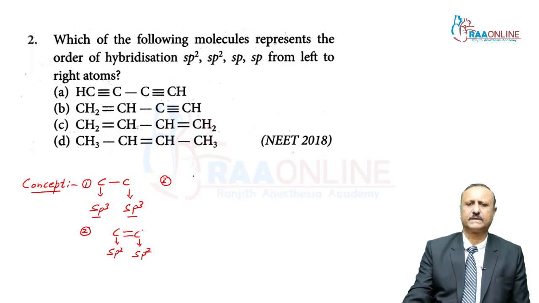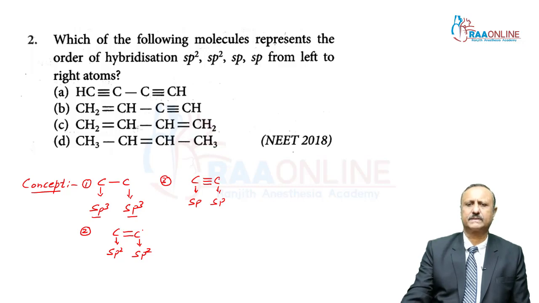When carbon triple bond carbon is present in the molecule, then this carbon atom is sp and this carbon atom is also sp. Hybridization is present in the carbon atoms.